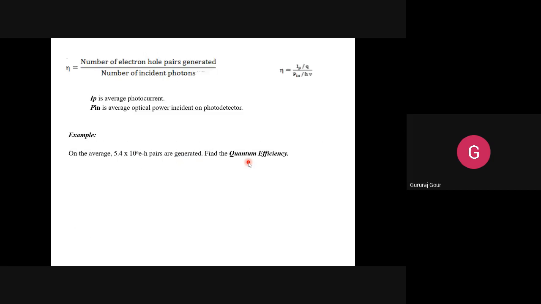It is given in terms of ζ and h, and the problems are directly straightforward. So these are some parameters you have to remember. Sometimes it will be asked as a definition, define the terms, and some numericals may be asked.